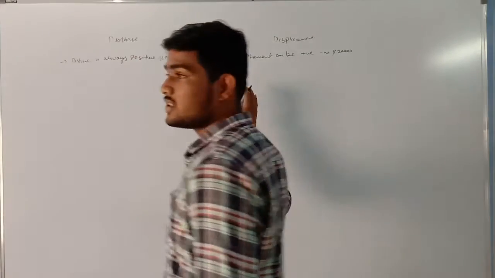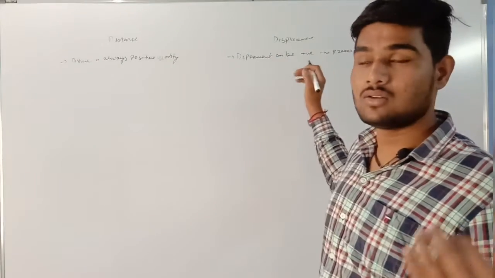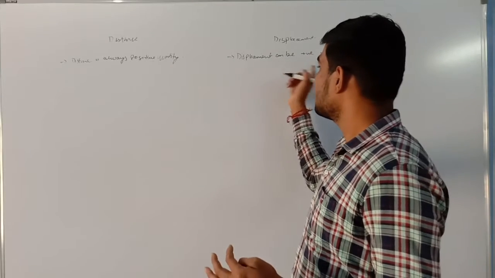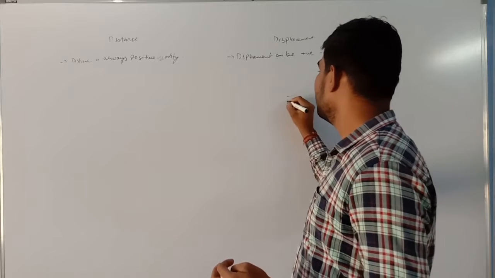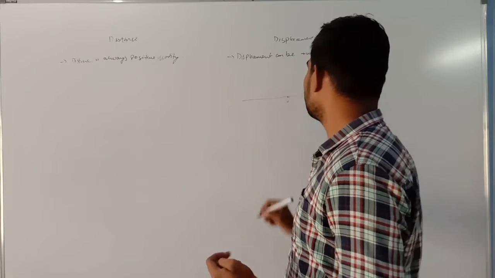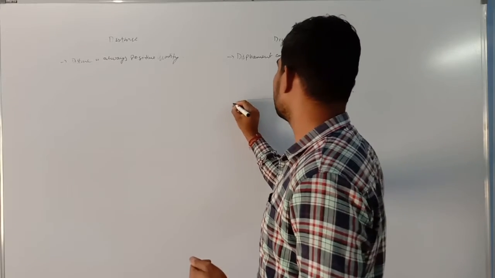Okay, whereas displacement can be positive, negative as well as zero. Let's suppose this is the origin, and this is plus x and this is minus x.